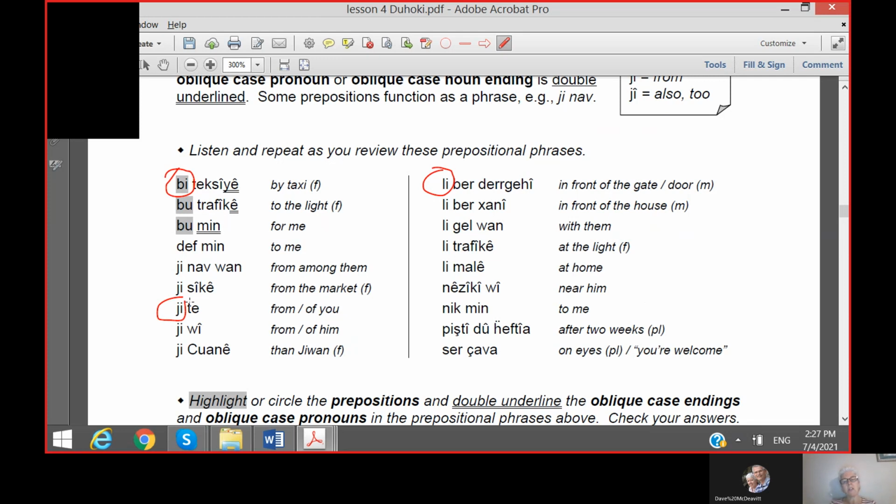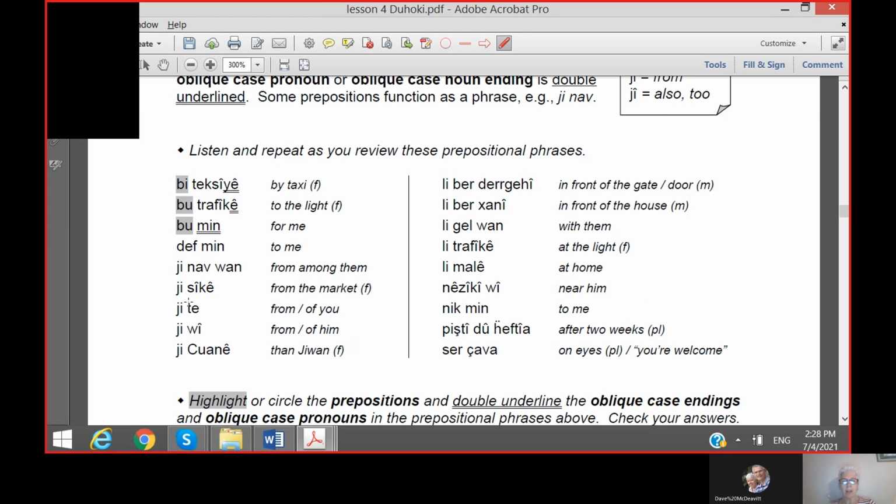And this is where you need to listen to your language helper, listen to the audio recordings, and don't just try to forge ahead by reading what's in this book. I'm using standard spellings. Most of the time what you see is what you get in Kurdish, but in these situations, it's a dialectical thing, and you need to listen to your language helper to see how they pronounce these prepositions.